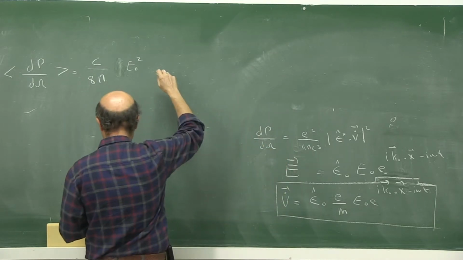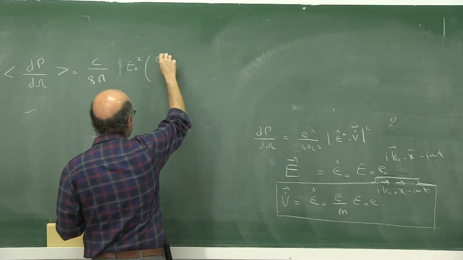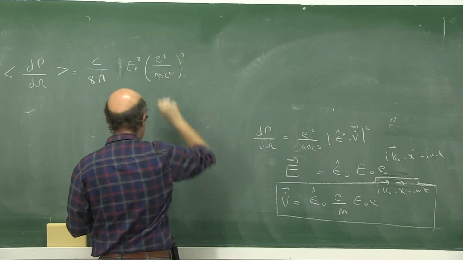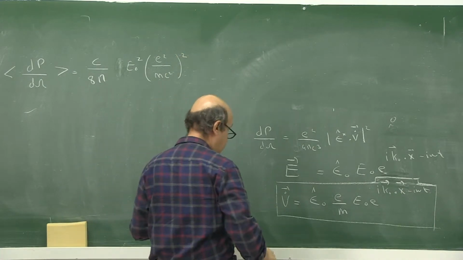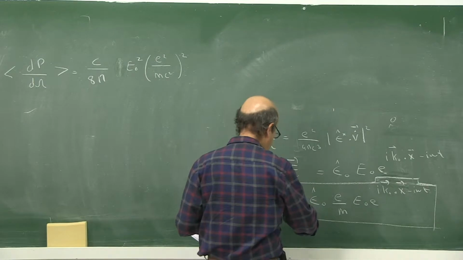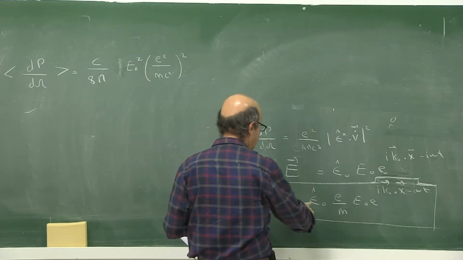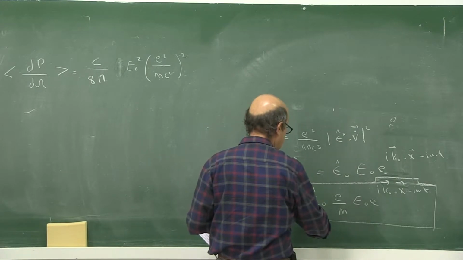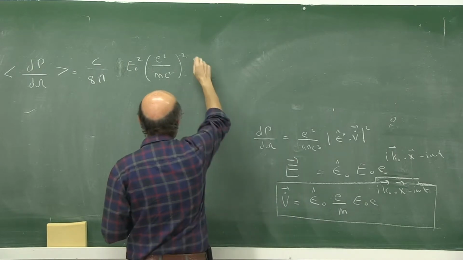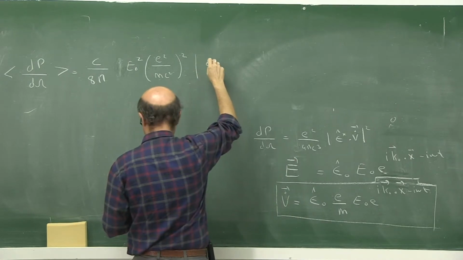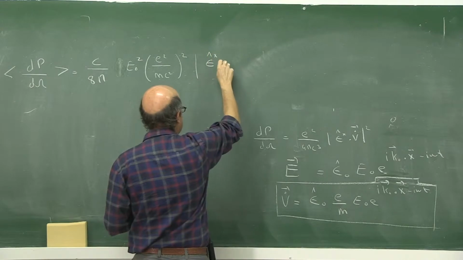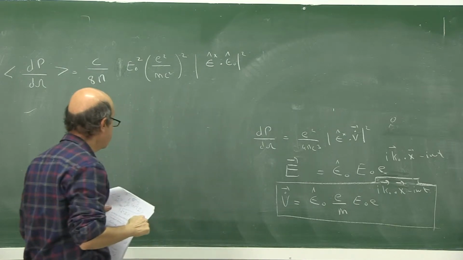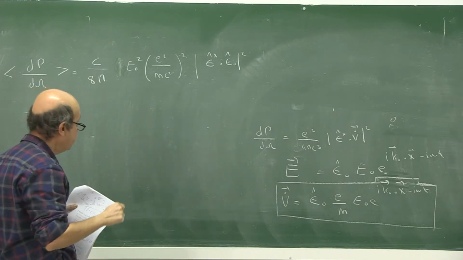So let me write the result and you will see what is going on. e squared over m c squared, squared, and the rest of the term will be the scalar product of the polarization after the scattering with the polarization before the scattering. You are familiar with this formula from when we studied radiation. We all the time deal with the scattering, the polarization before the scattering and after the scattering.